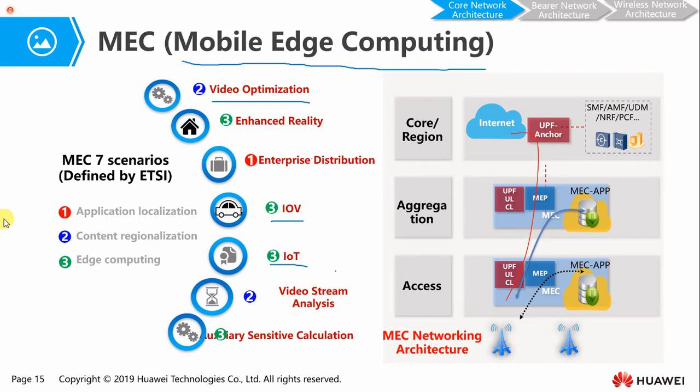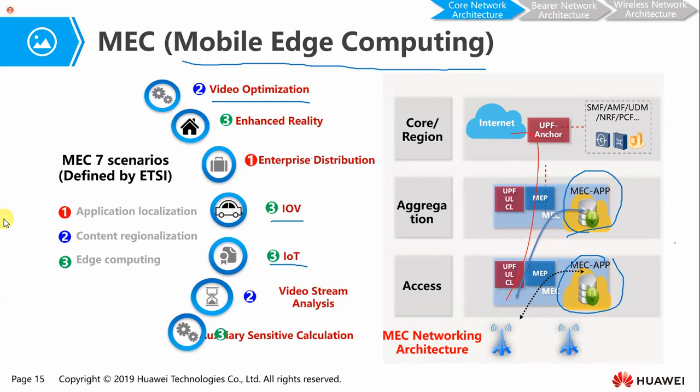Edge computing means deploying a server at the edge or at the aggregation. It can be deployed in the aggregation or access layer. This is to reduce the latency. Secondly, it can save bandwidth.